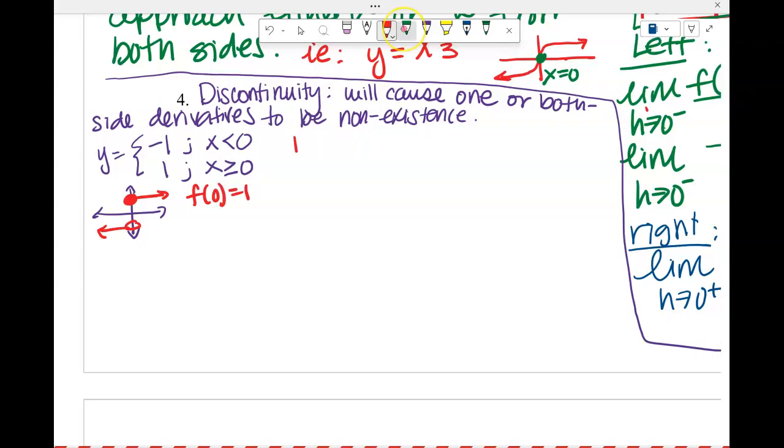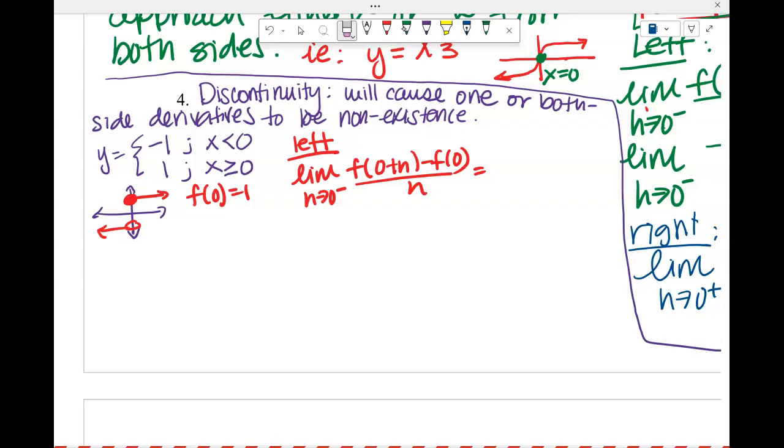So the left-hand derivative is going to be the limit as h approaches 0 from the left of f at 0 plus h minus f of 0, all over h, which equals f of h minus f of 0 over h. Remember, we're still talking about a equals 0.